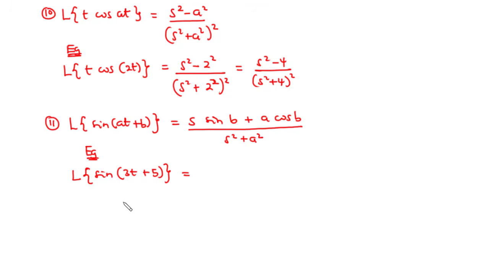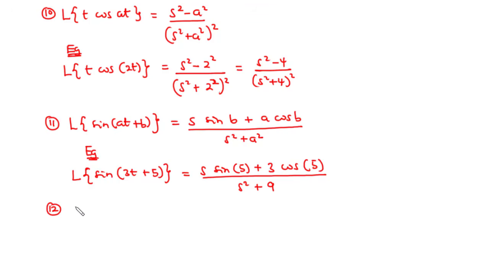We say this is equal to, we have s and then sin b, b here is 5, so sin 5, plus a, which is 3, cos b, which is 5, all divided by s² + a², so 3². Now 3² is equal to 9, so we simply write 9 here.